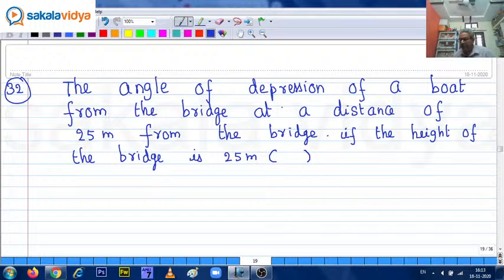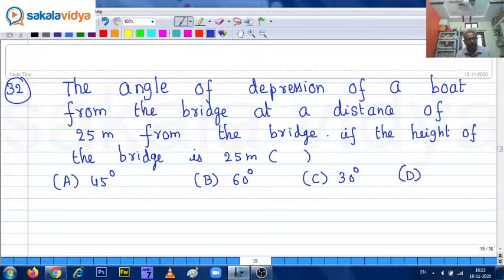The angle of depression we need to find out. Option A 45, option B 60 degrees, option C 30 degrees, option D is 15 degrees.